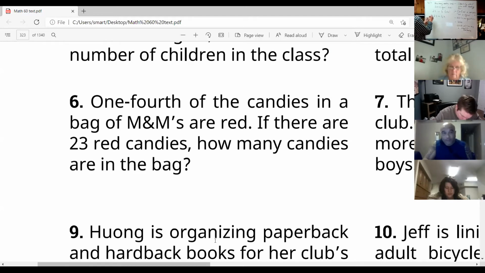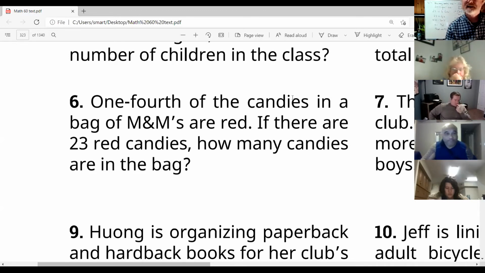Solve it. How many candies did you get? 92. I got 92 also.